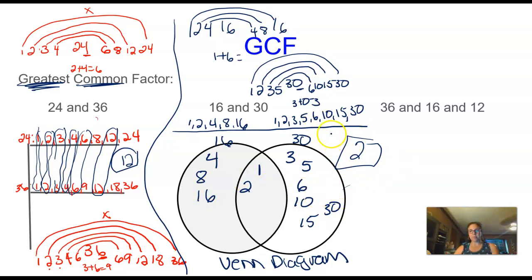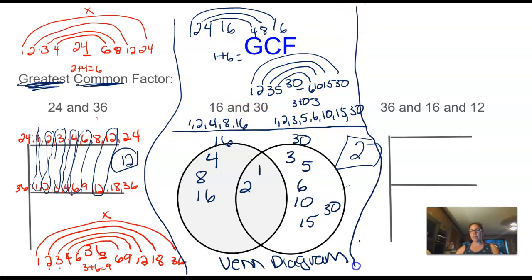Okay, now this one over here is not going to take us as long because we've already done most of these numbers. So what if we have 3 numbers? If we have 3, you're just going to do the same thing. You could do another circle on your Venn diagram, but we've already done this one. 1, 2, 3, 4, 6, 9, 12, 18, 36.